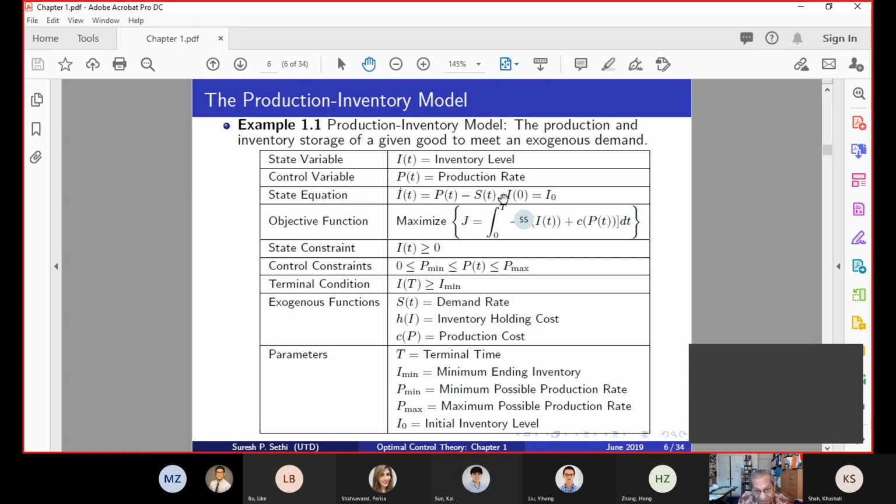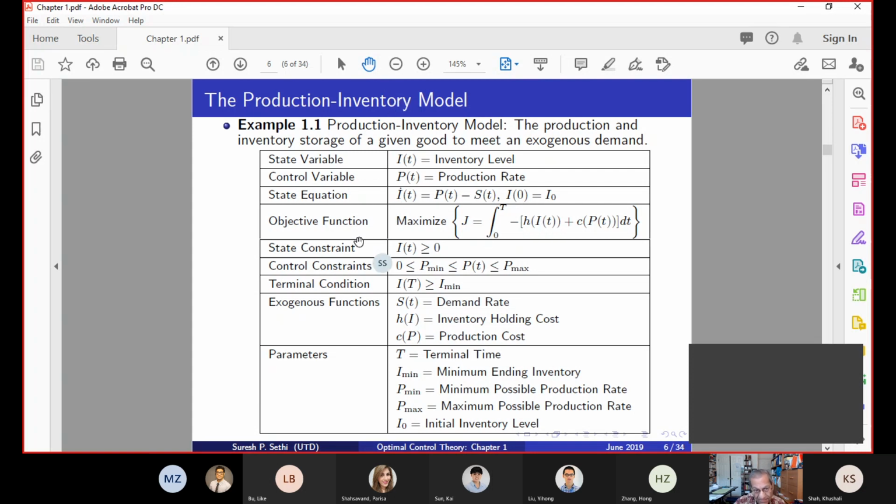Because the inventory is being built up by production, and it's being depleted by demand, but it's also being depleted by inventory that is getting spoiled. That is the delta times I, where delta is the rate at which the inventory is becoming useless. So we will have a minus delta I(t) on this side, and that would be a state equation with the state and the control on the right hand side. That would be a slightly more complicated example of a production inventory model.